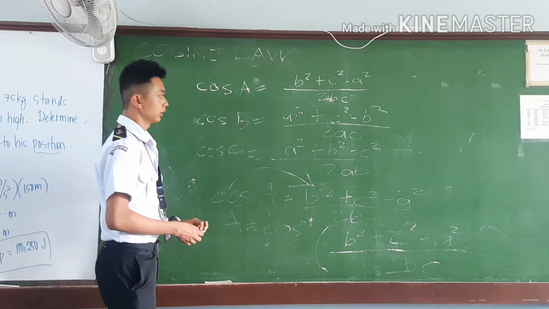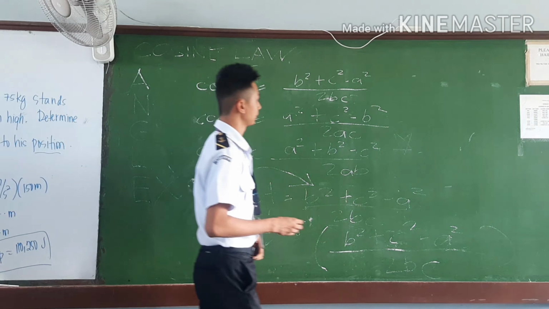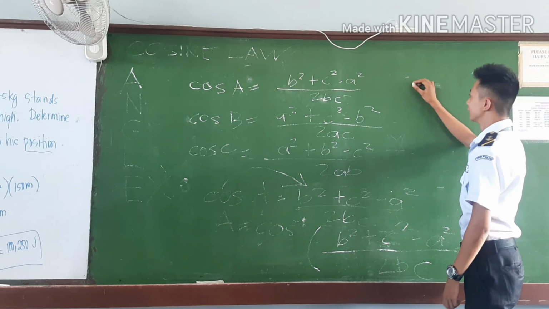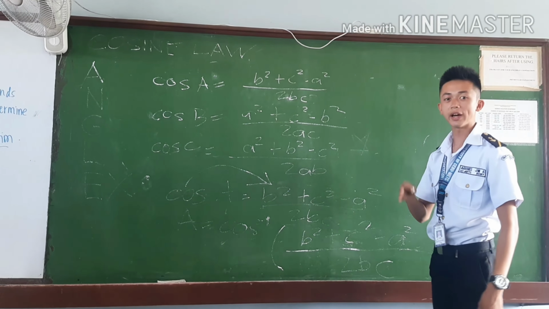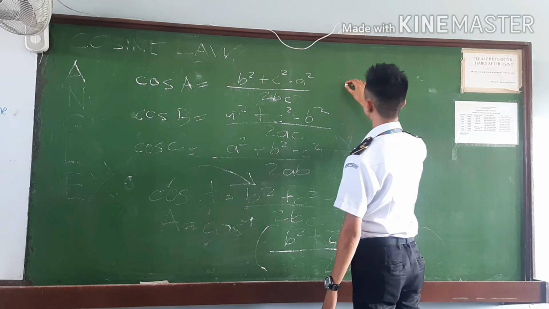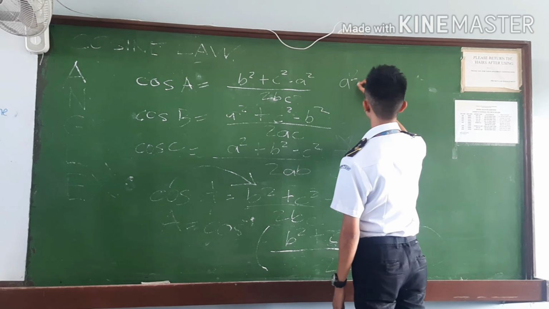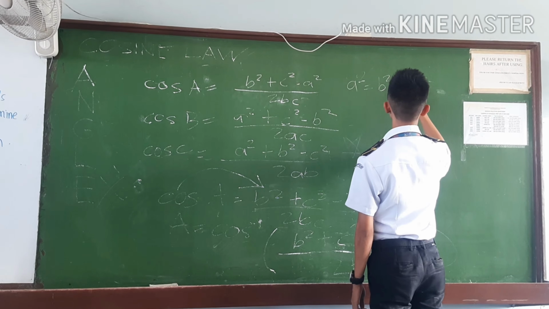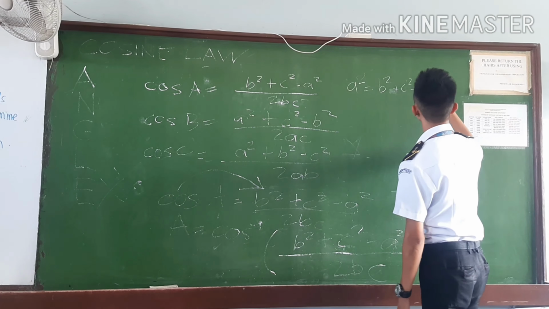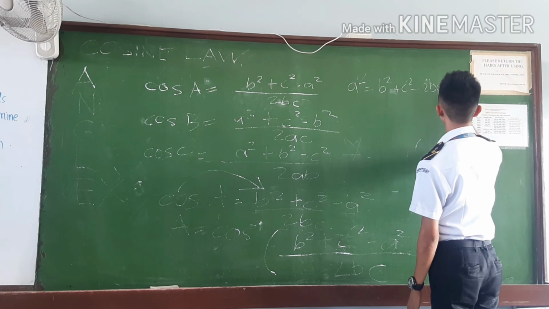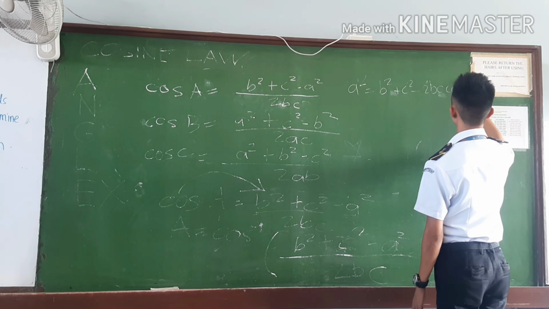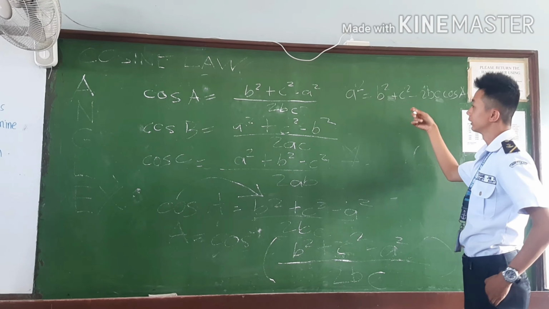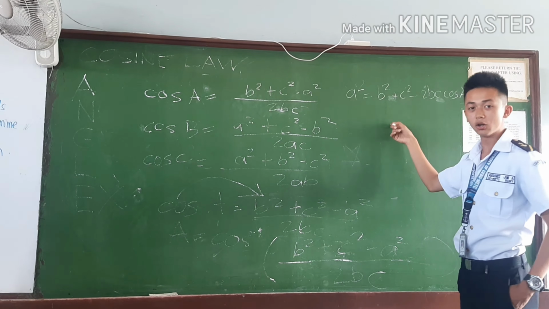A while ago, we heard about the cosine law and how to find the sides. So this is A squared equals B squared plus C squared minus 2BC cosine A. That is the formula that we watched a while ago.